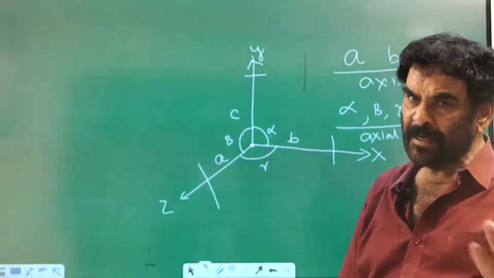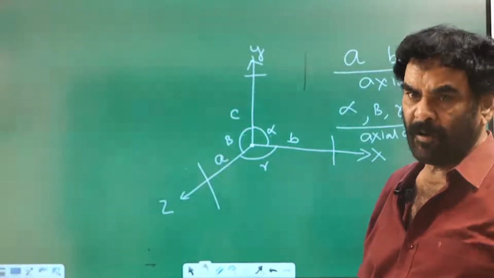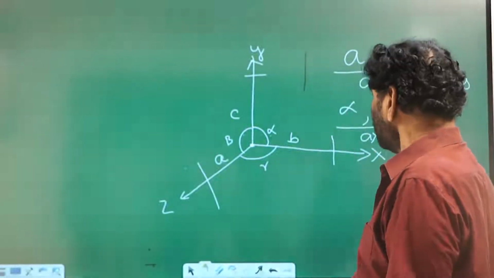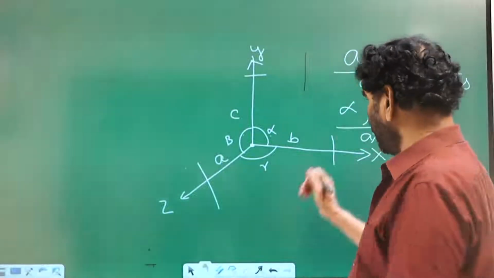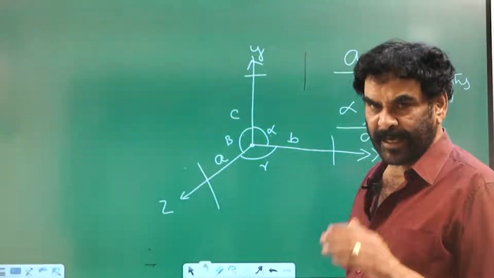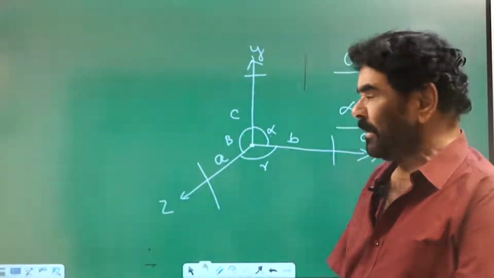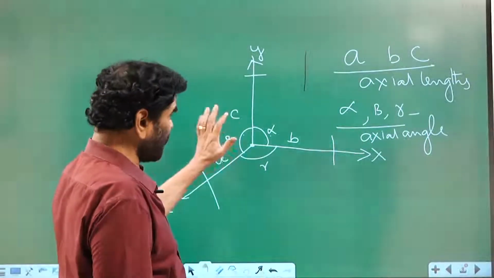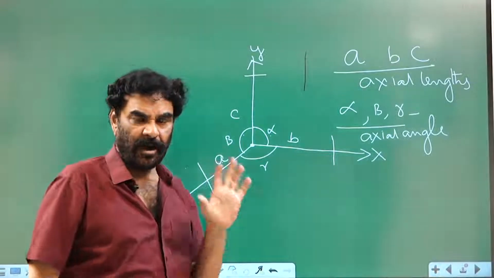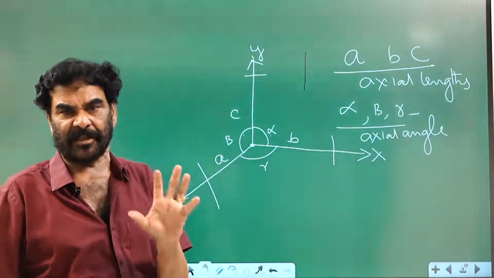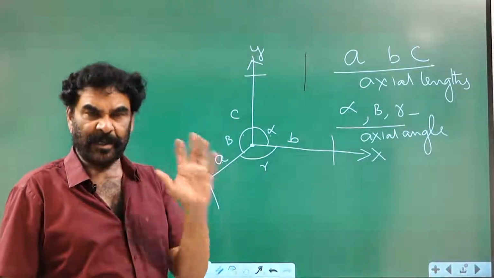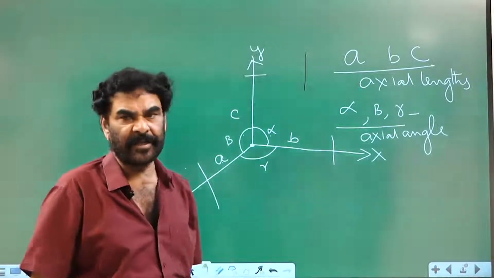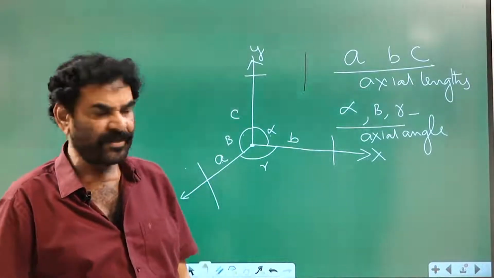In the first one, there is the position of the lattice points. For the second classification, cell parameters, that is A, B, C, axial lengths and axial angles, are considered. These are called the cell parameters. Now we are classifying the crystal systems based on the cell parameters, axial lengths and axial angles, edge lengths and interfacial angles.